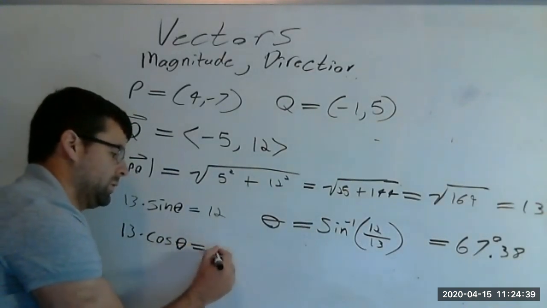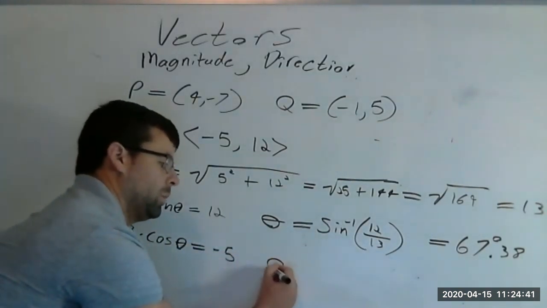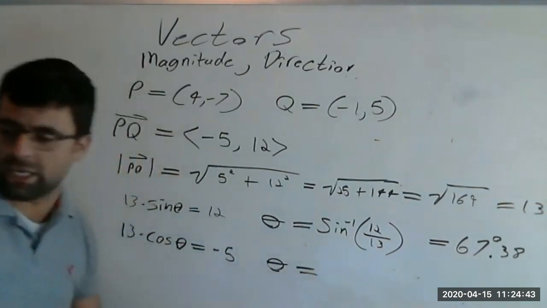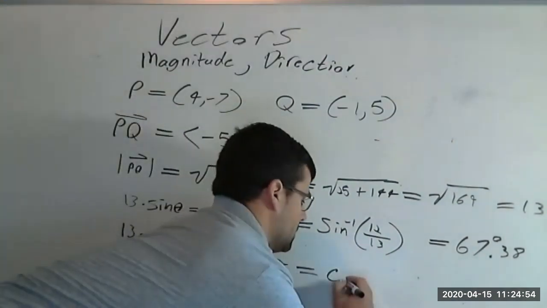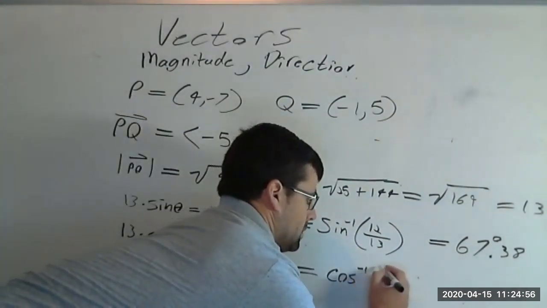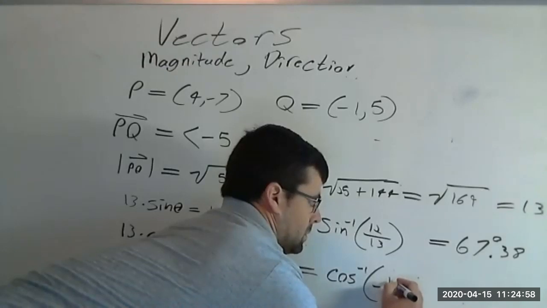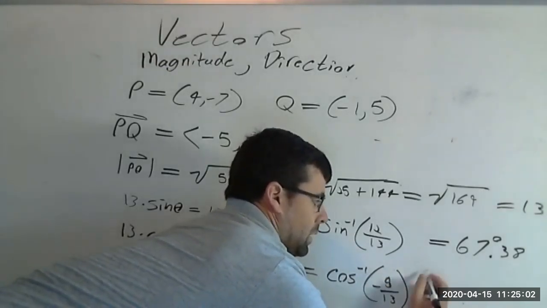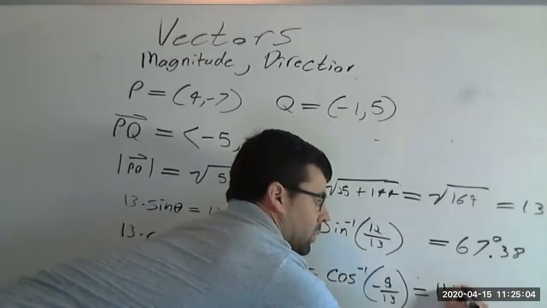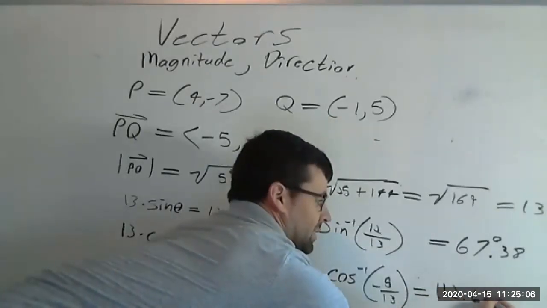Cosine theta equals negative 5. What did you say theta equals? Theta equals arc cosine of negative 5 divided by 13, and I got 112.62.